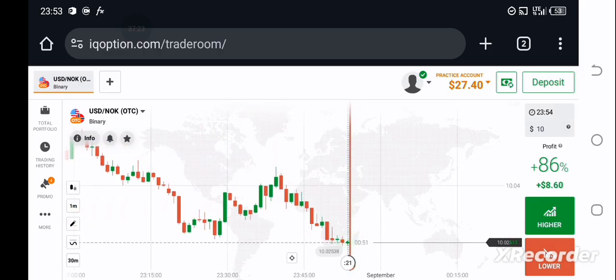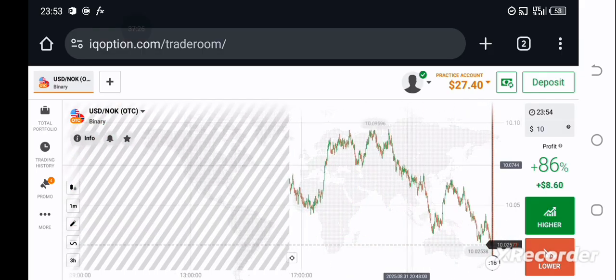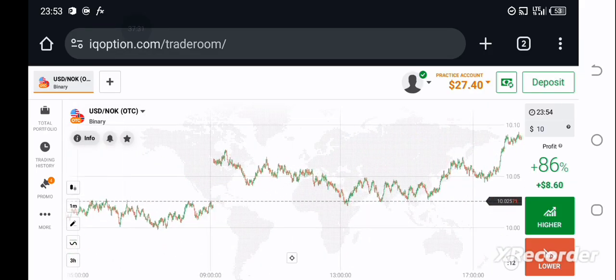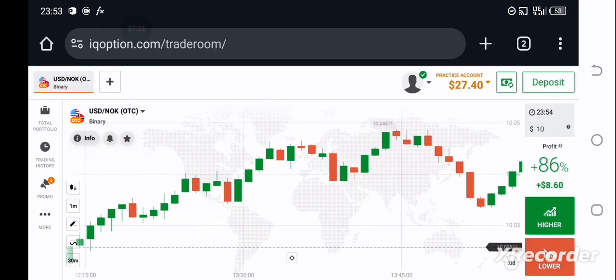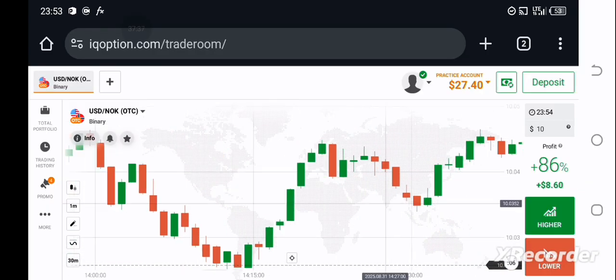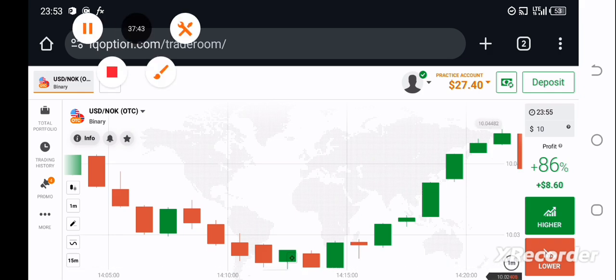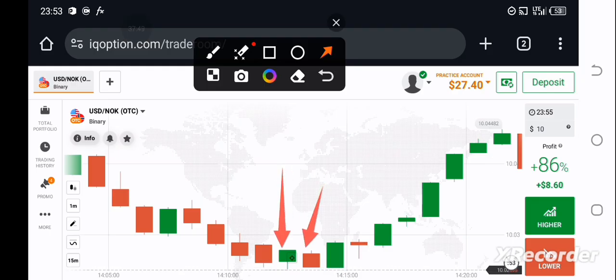So this is a downtrend market. It means the sellers are very, very active, but there is a support level here. A support level is the buyer zone. You can see this is not a strong level of support, because if you look at this support level here, you will see there are buyers, sellers, buyers, sellers, before the buyers pushed up.